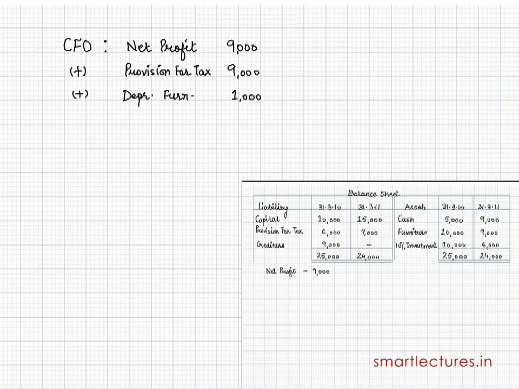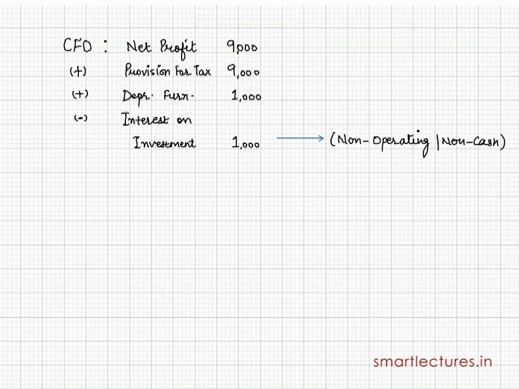This is the income, but this income is non-operating. So when we calculate cash from operation, we have to calculate the net profit without any effect of cash transaction and non-operating transaction. So this is the non-operating income.